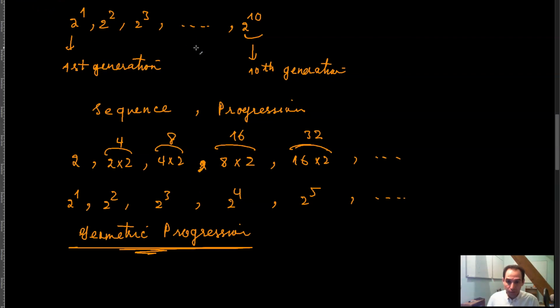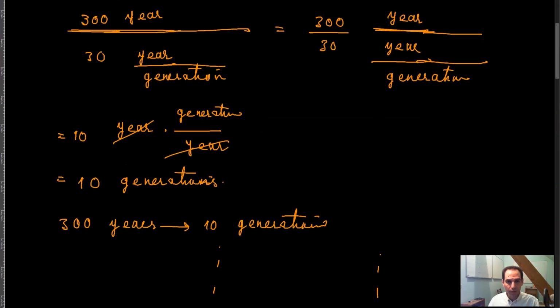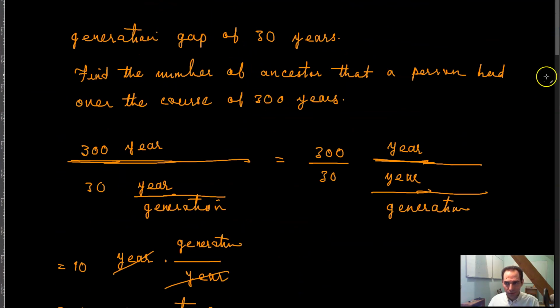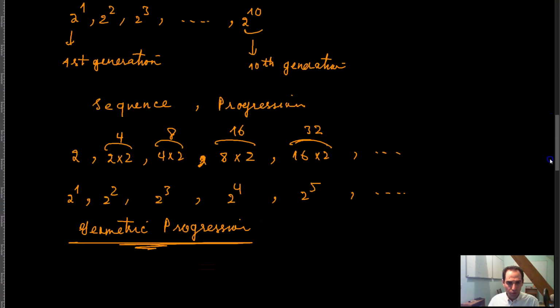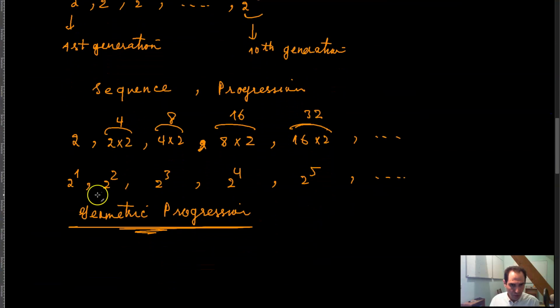Okay, so now in order to answer the question that we wanted to answer, how many ancestors does this person have? Of course, now you know the number of terms for the first generation, for the second generation, and so on and so forth. But then we will have to find a way to find the sum of these terms. In the case of an arithmetic progression, we found some way.